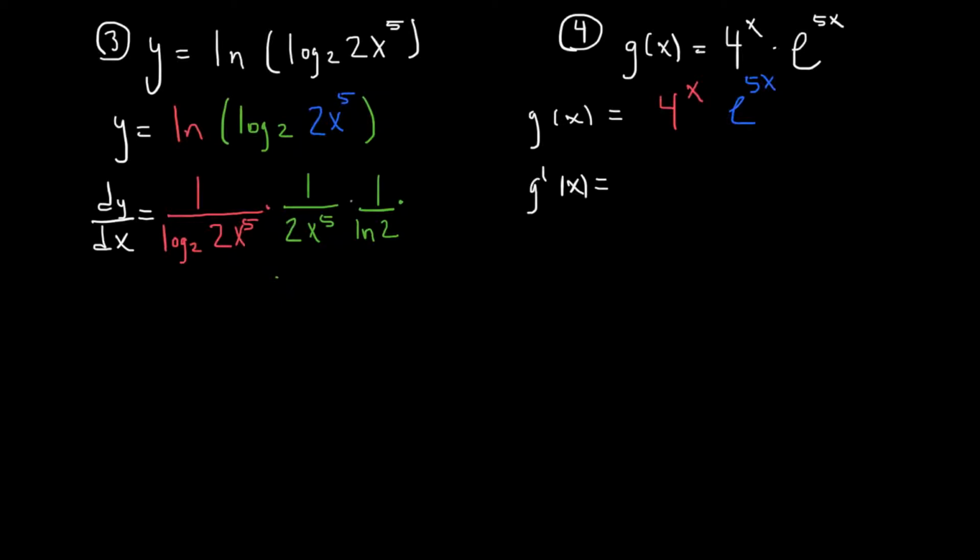The argument is 2x to the fifth, and the derivative of that is 10x to the fourth. You follow this? First ln, 1 over the argument of ln times the derivative of the argument, which is 1 over the argument of that log times 1 over the ln of this 2, and then times the derivative of the last argument.